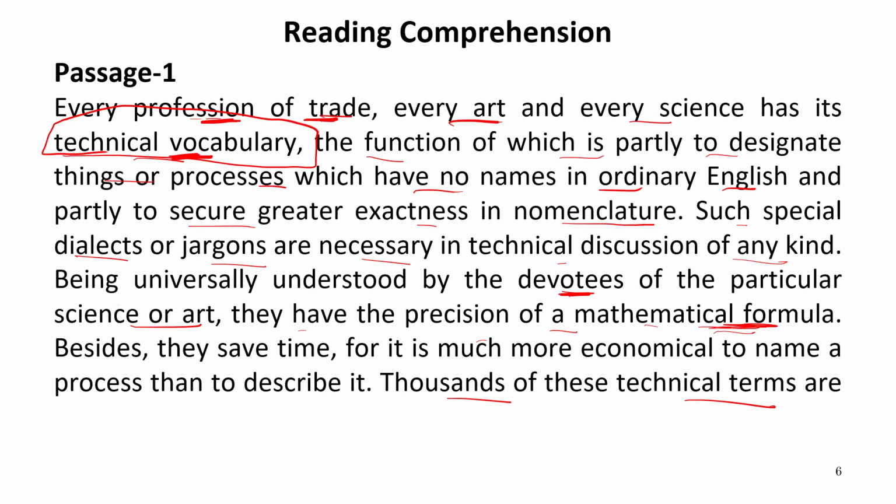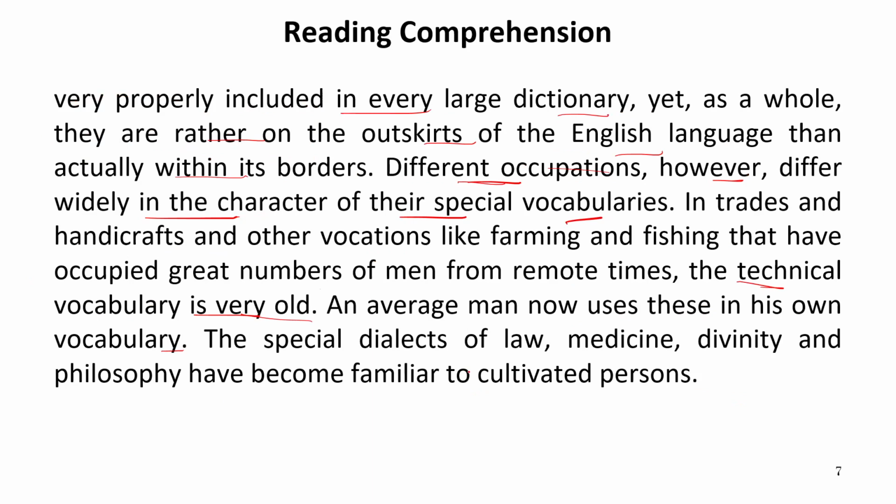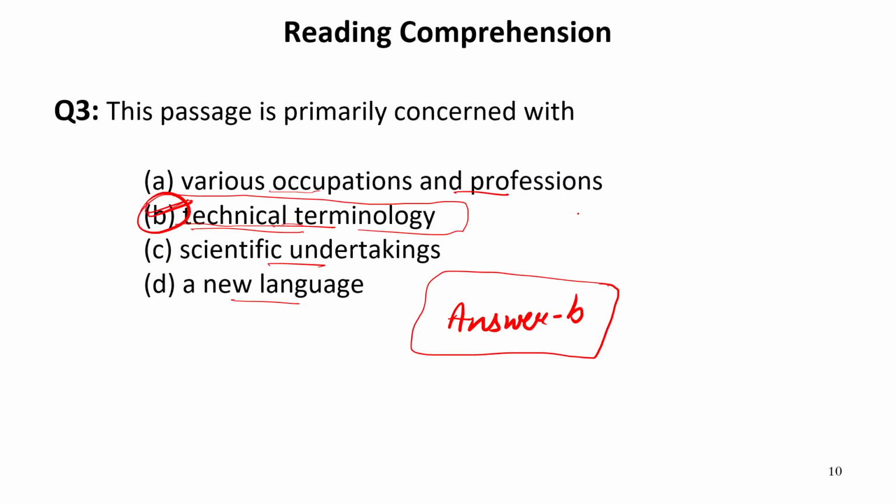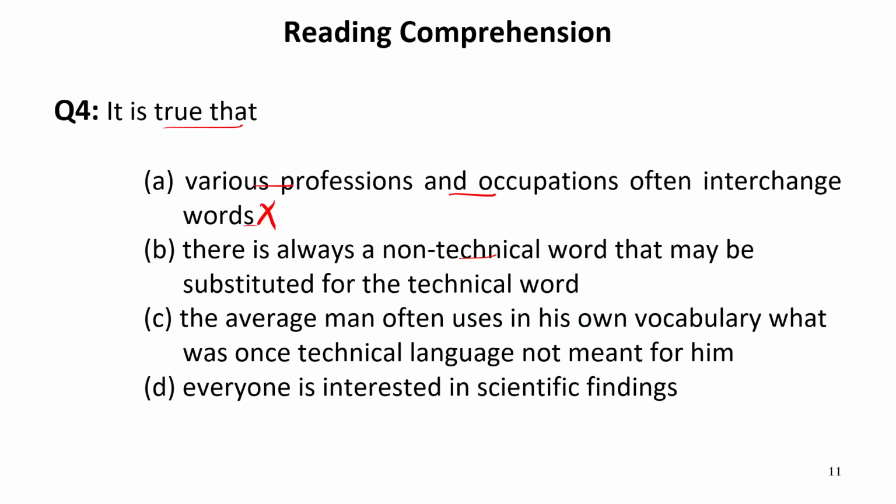They save time, for it is much more economical to name a process than to describe it. Thousands of these technical terms are very properly included in a very large dictionary, yet as a whole they are rather on the outskirts of the English language than actually within its borders. But here it is not given that technical words will be substituted for some non-technical words. It is not given over here. So this statement is also incorrect.